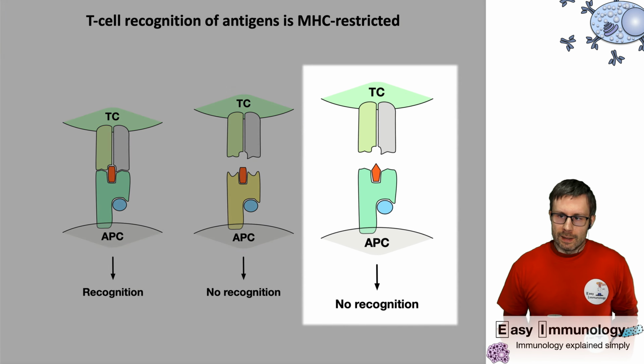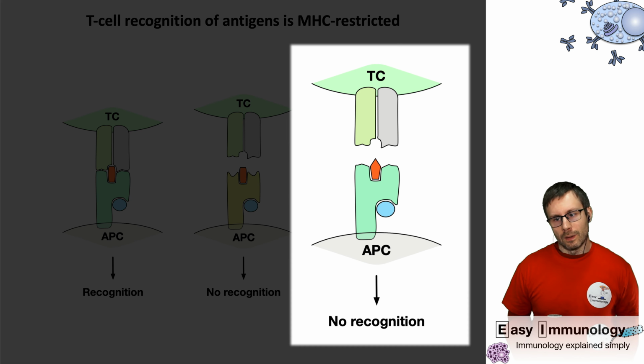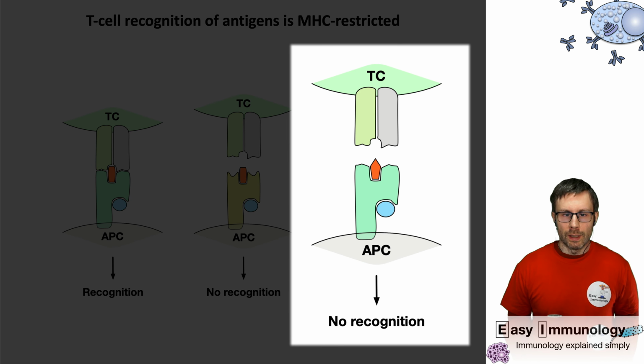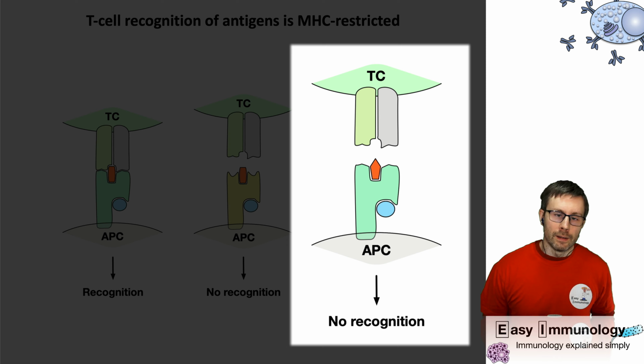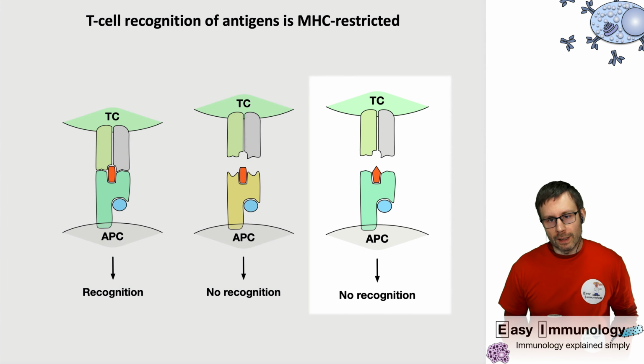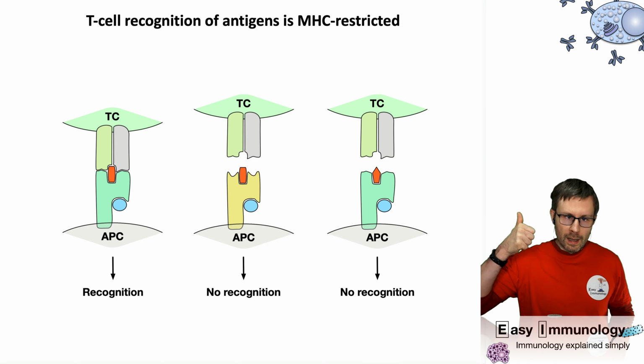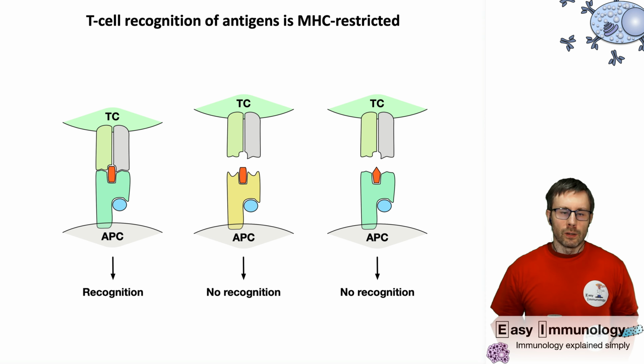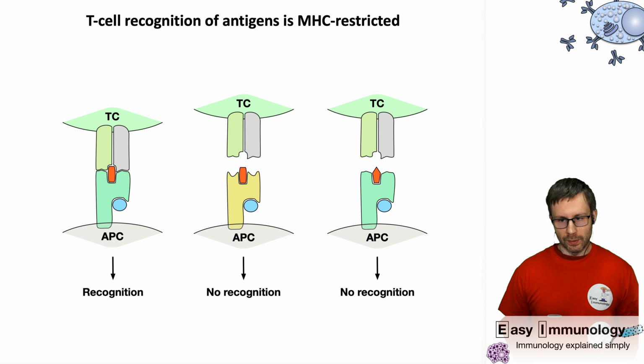And in the third example, we have the correct, if you want to call it like this, MHC class 1 molecule, but a non-matching peptide. So this peptide does not fit to the T cell receptor. And also in this case, the T cell does not get activated. So the T cell only gets activated if the peptide matches and the correct MHC is there to present the peptide.